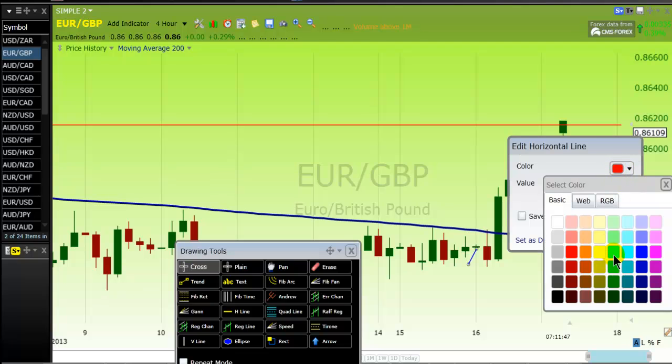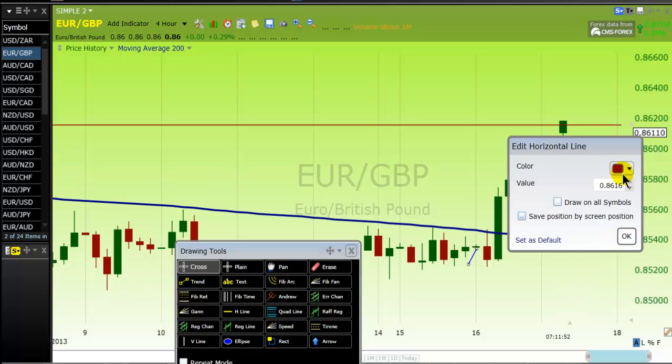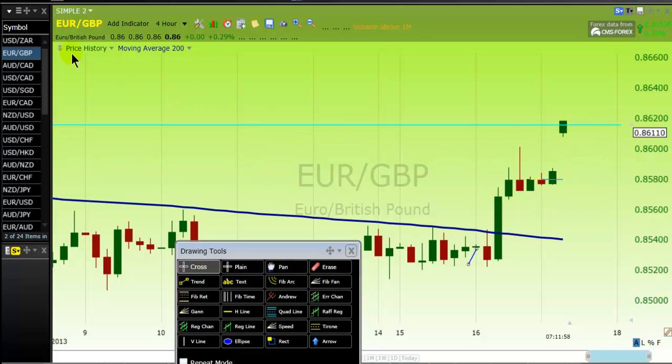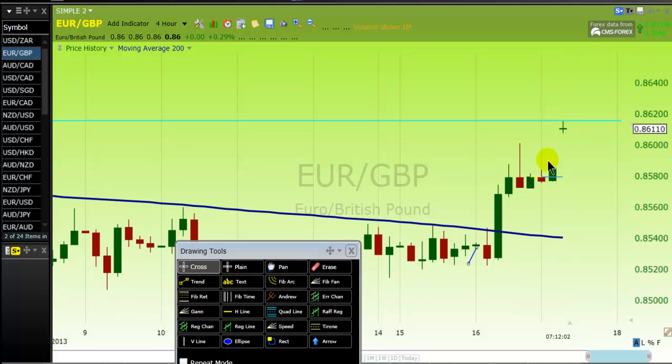All right, so I'm putting a line on my chart, what was turquoise. This is my entry point. Selling the Euro GBP, I sold it earlier on at 8616.